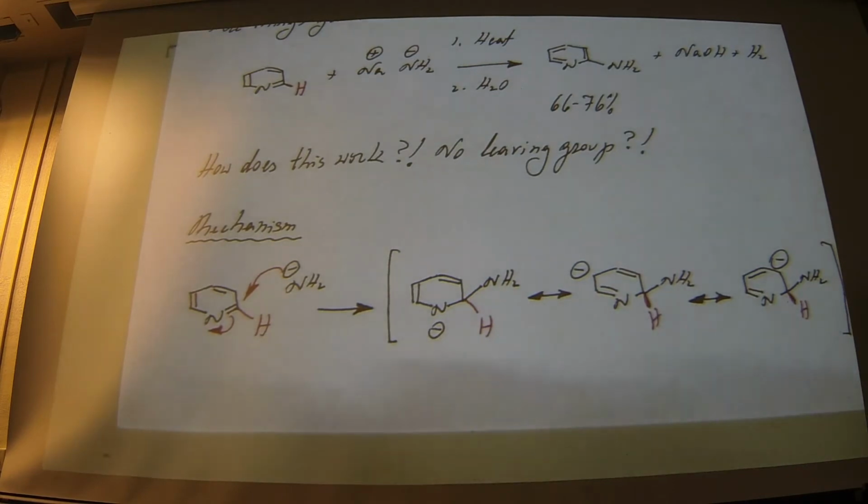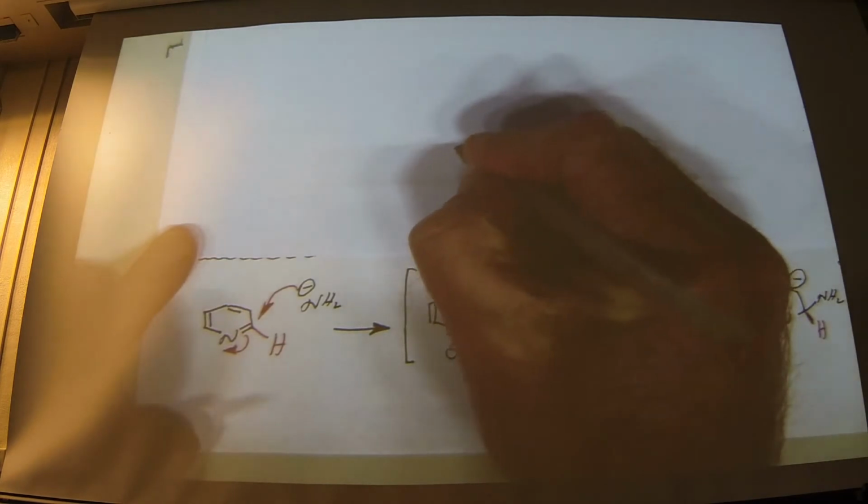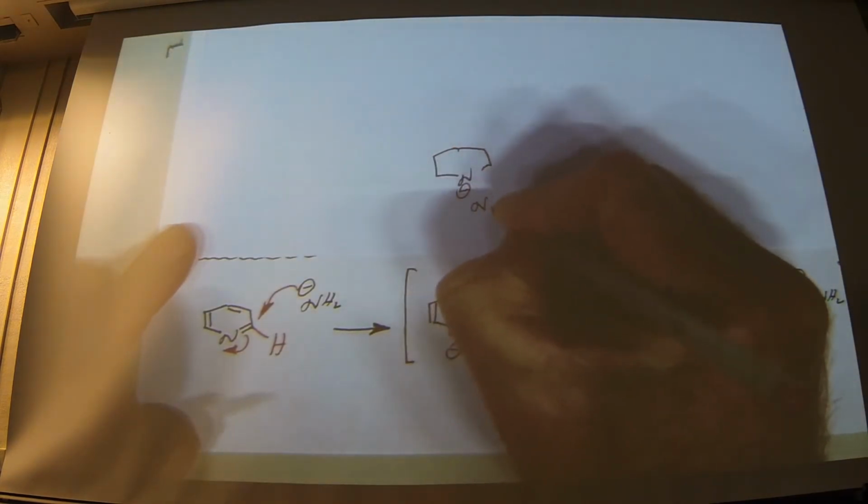Now, having said that, probably we have something that's a little bit more nuanced than this. Probably what we have happening is that, if I write this structure here, you probably have some partial bonding, because the negative charge is going to be close to the sodium.